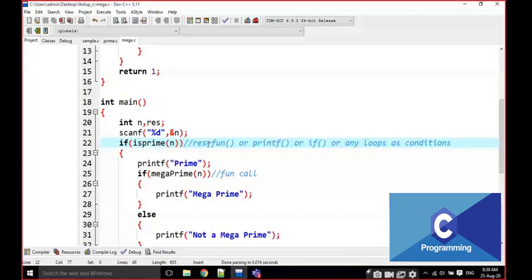Every time. For example, if I assign it like this, the result is equal to some function, it is returning a value, and the result value is going to be caught by the res variable.